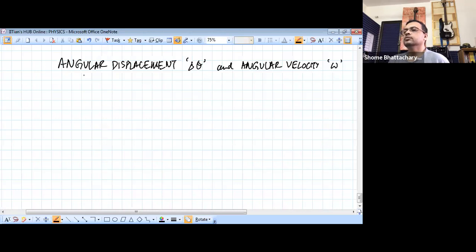It looks like a W, but that symbol is called omega. In uniform circular motion.